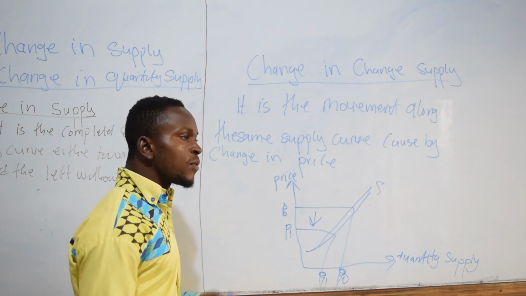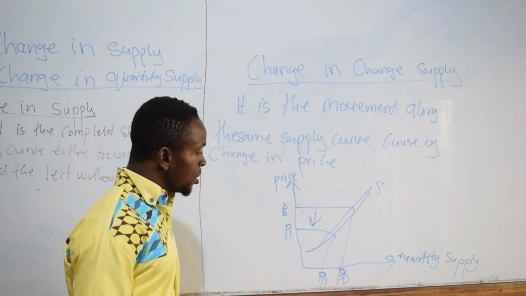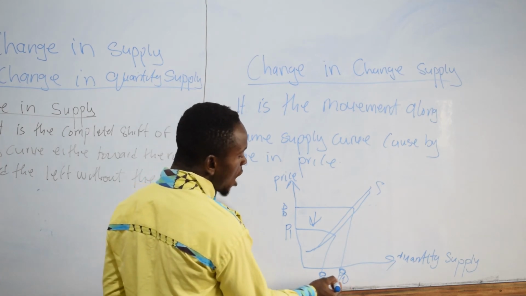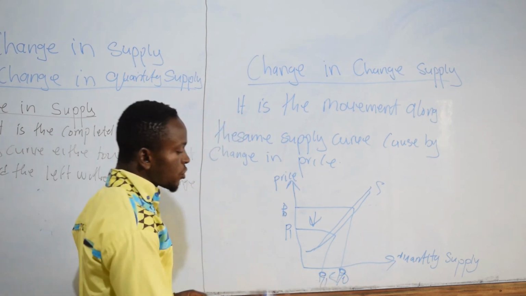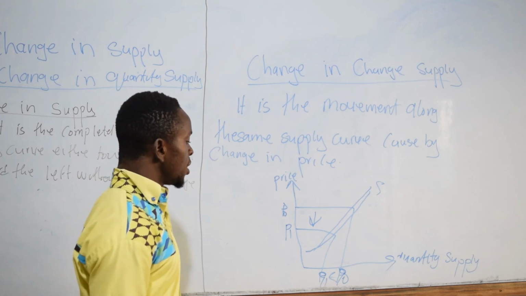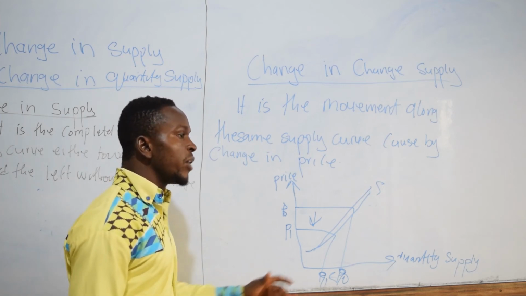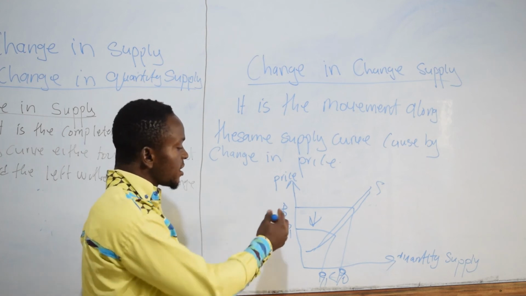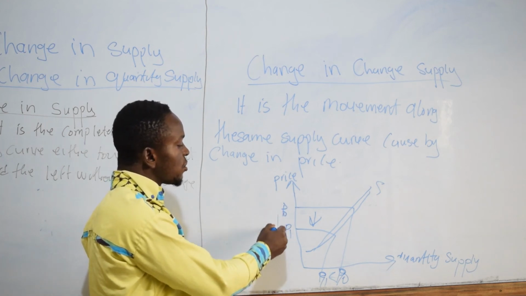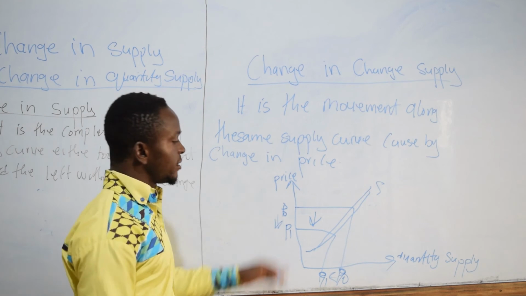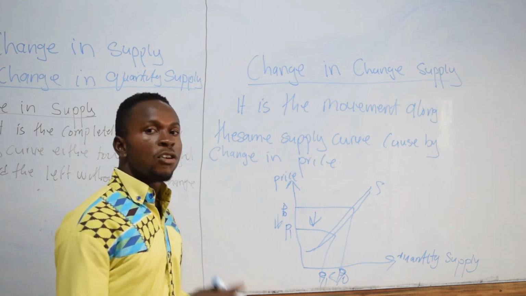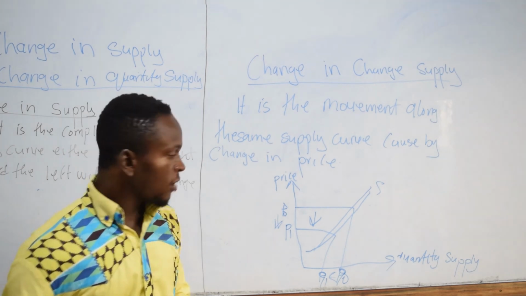When you want to explain it after you have defined it, you then say from the diagram above you can observe that from P0 to P1 indicates a contraction in supply or a decrease in supply, thereby moving the price, that is the decrease in price, from what? From P0 to P1. When this happens, when there's a reduction in what? In the price of the commodity, there will be a reduction in what? In the supply of that commodity.